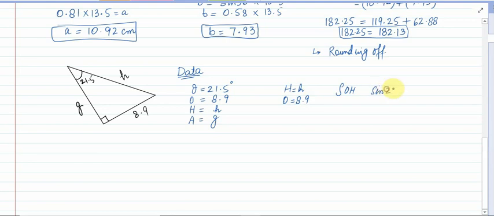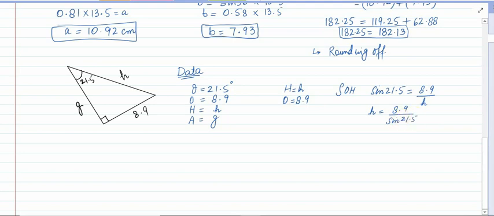Sine of angle 21.5 is equals to, opposite is 8.9 divided by hypotenuse is h. Make h the subject of your equation. H is equals to 8.9 divided by sine 21.5, right?